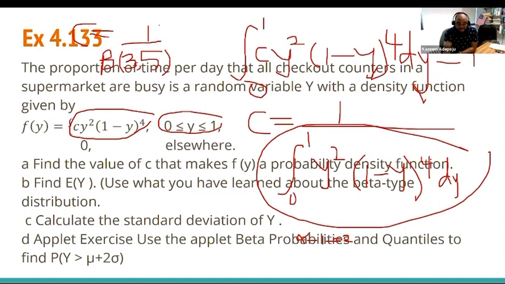Now you can use the integral definition of a beta function to finish that off. So these are other questions that you can attempt, or maybe in the next class, I'm going to shed more light on all of this.